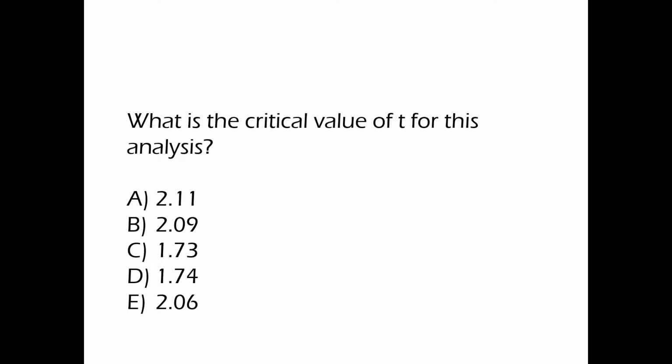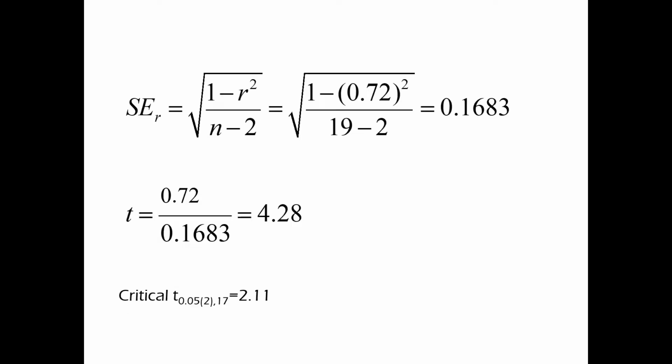Now go to the t-distribution table and find out the critical t-value. You can pause here. I will show you the number in the next slide. So the critical value with degrees of freedom of 17 at the two-sided significance level of 0.05 is 2.11.